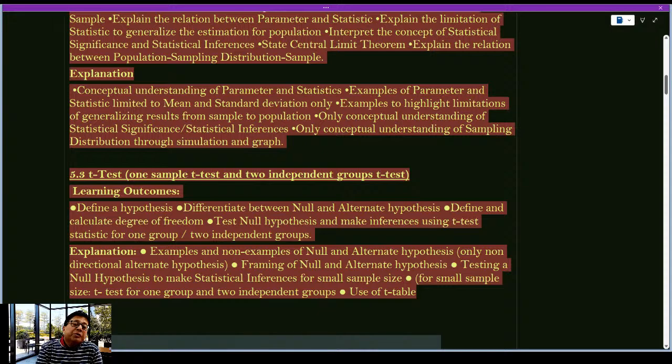You will come to know how null and alternative hypotheses can be formed, and how the t-distribution table will help you get those critical values of t quickly and properly. That also I will explain.